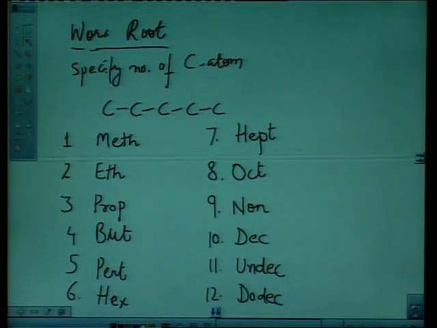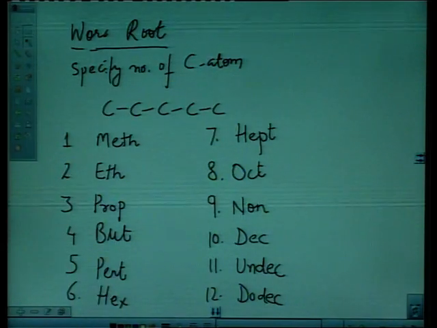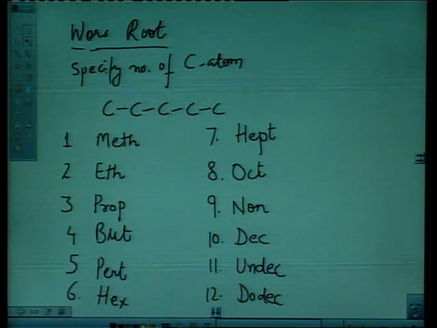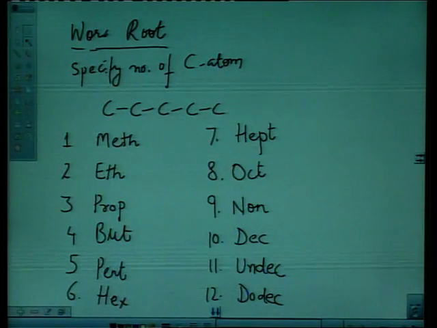Due to the catenation property of carbon, it forms a large number of organic compounds. The number of organic compounds is much more than inorganic compounds, only due to this property of carbon. So it is necessary to give names to the compounds.